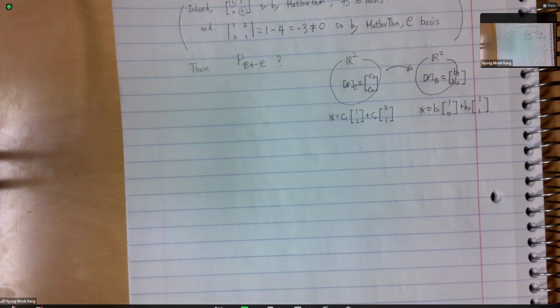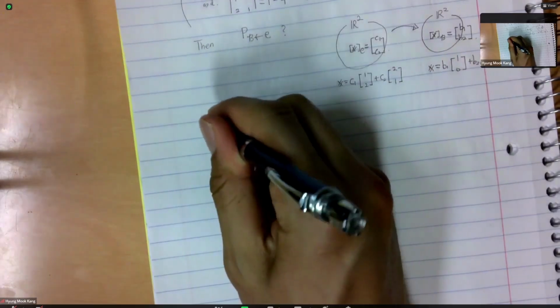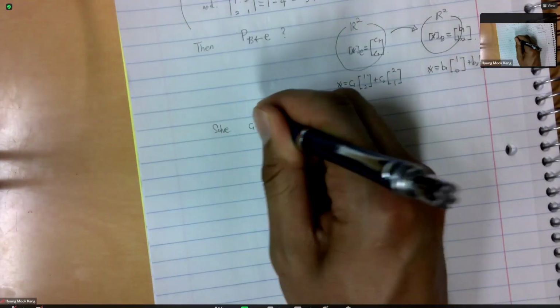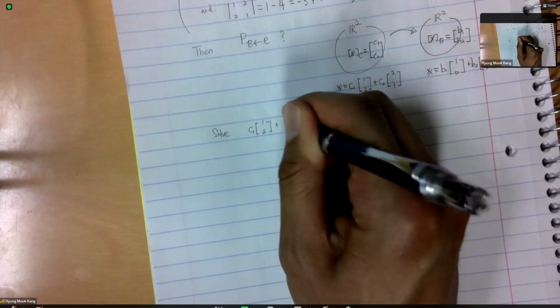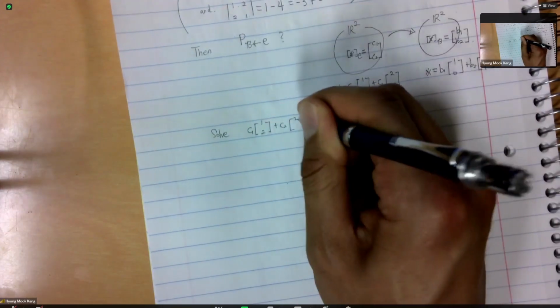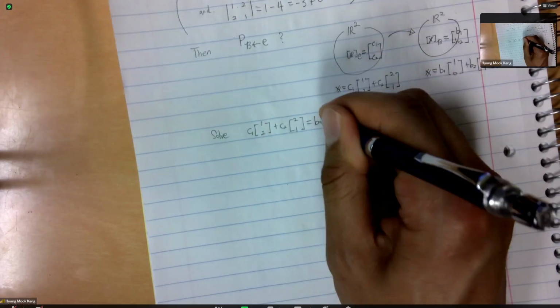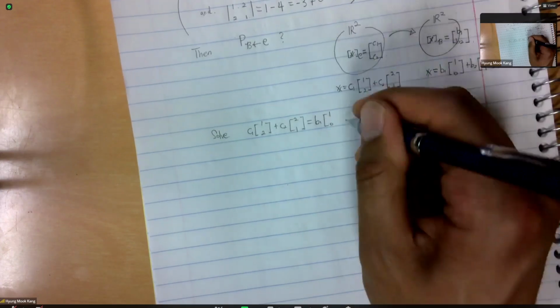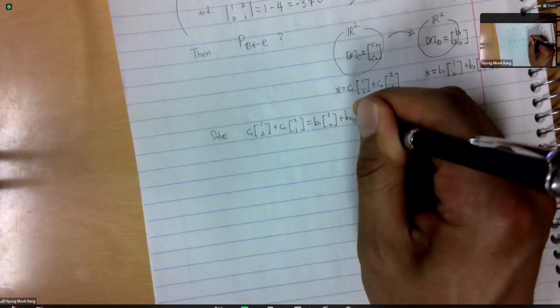So basically what we're doing is to solve C1 times 1, 2, plus C2 times 2, 1 equals B1 times 1, 0, plus B2 times 1, 1.